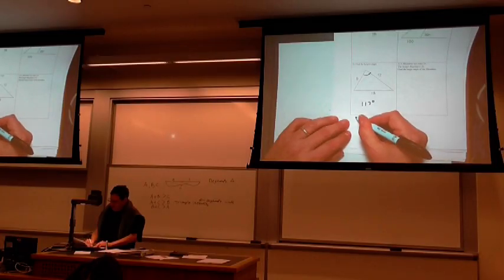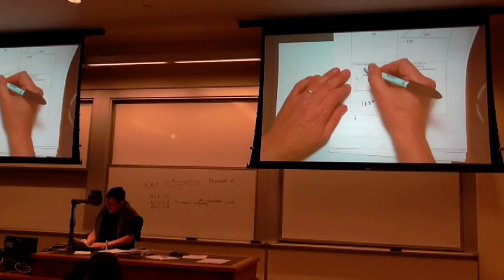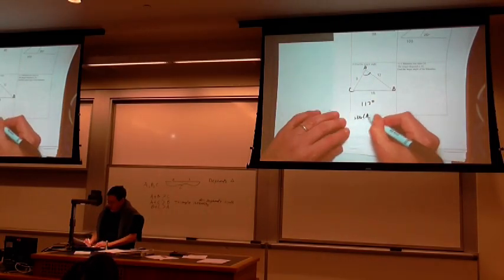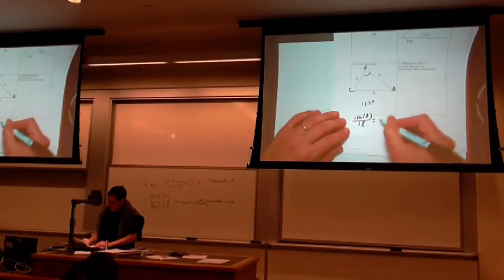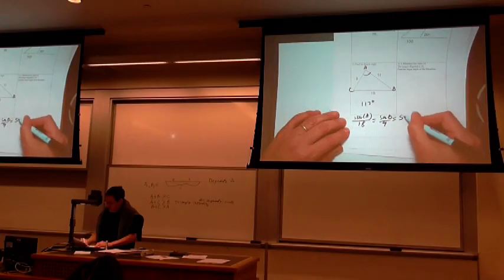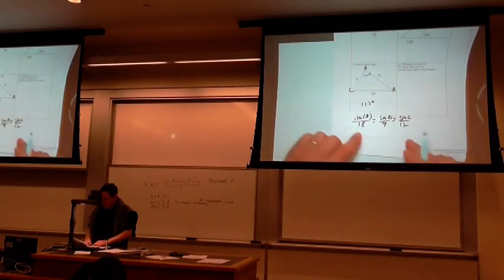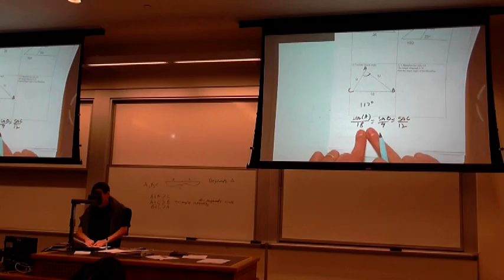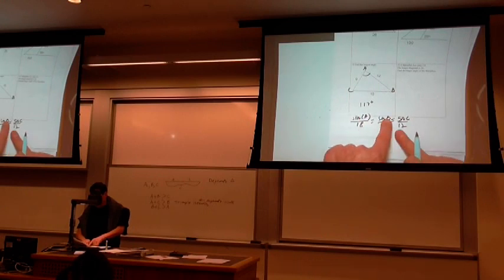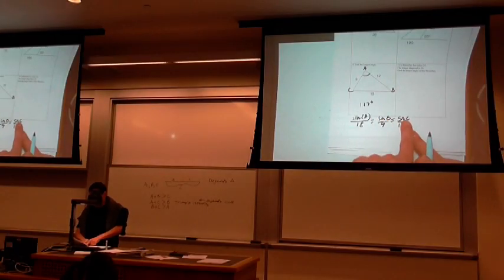Let's call these A, B, and C. So sine of A over 18 is equal to sine of B over 9 equals sine of C over 12. Well, if these are equal, sine of A has to be twice as big as the sine of B and a little bigger than sine of C.